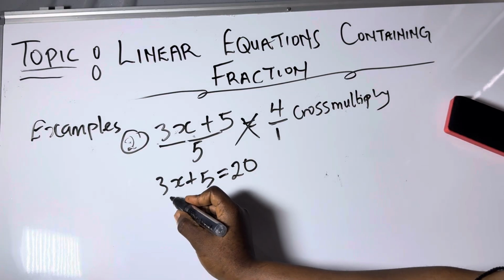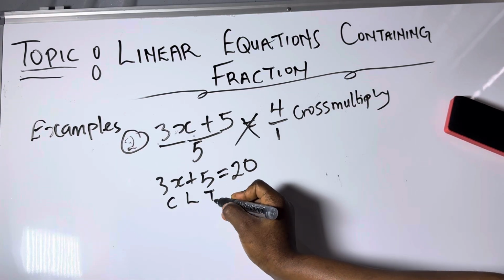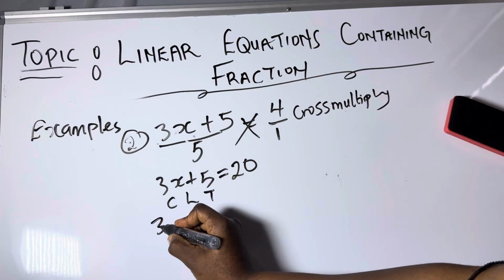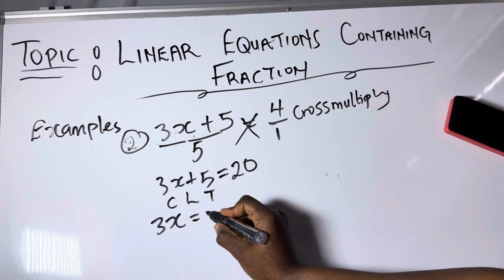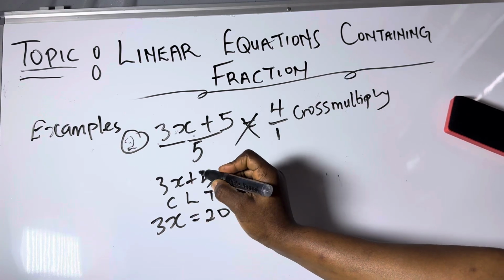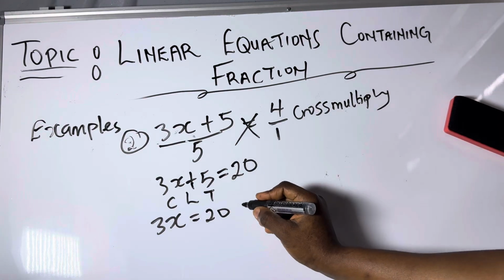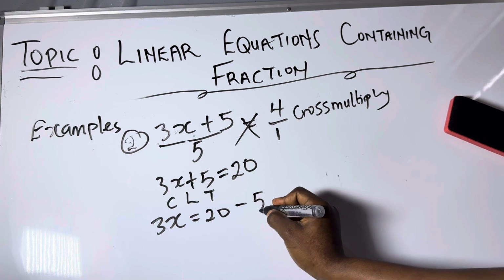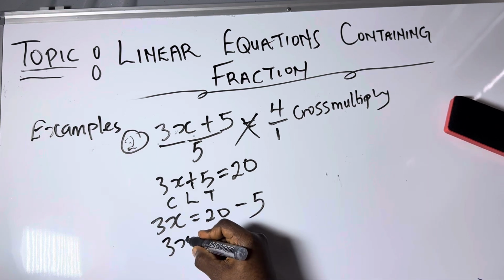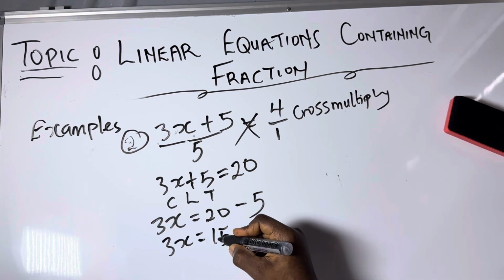Now, the next thing to do is to collect like terms by saying 3x equals 20. This is a positive sign. If it crosses to the other side, it changes to a negative 5. So 3x equals 15.